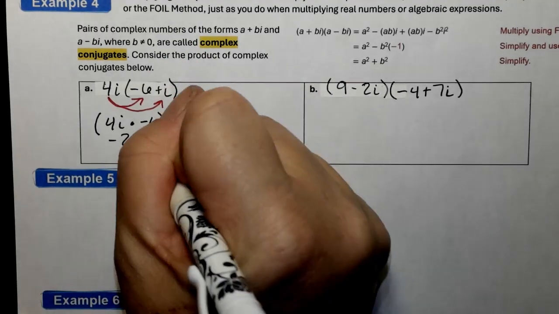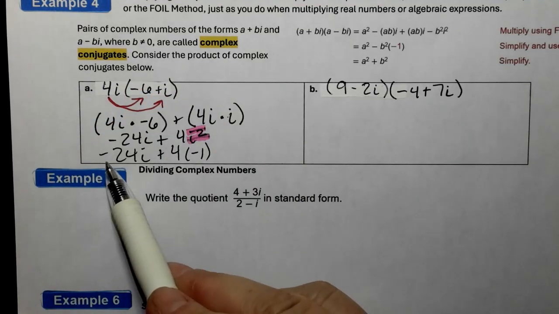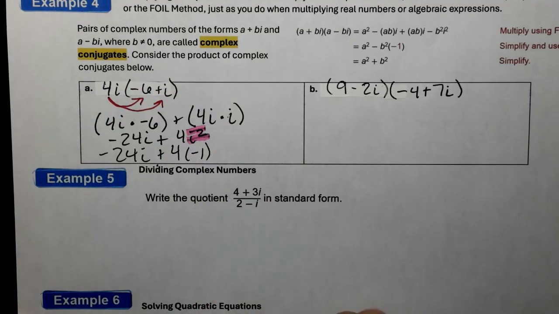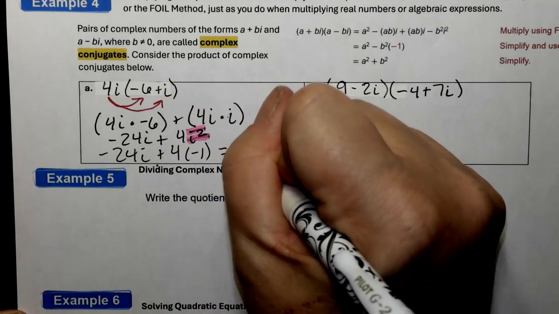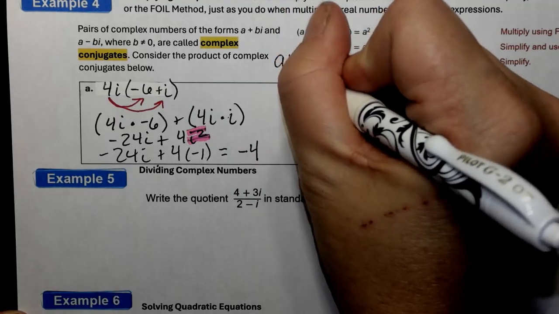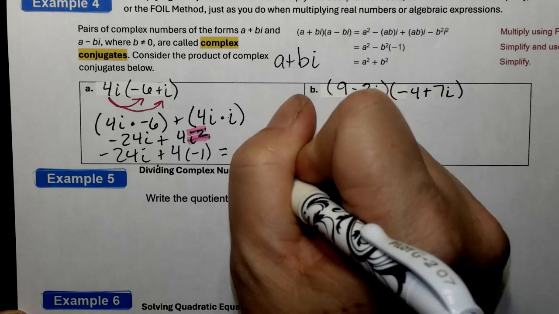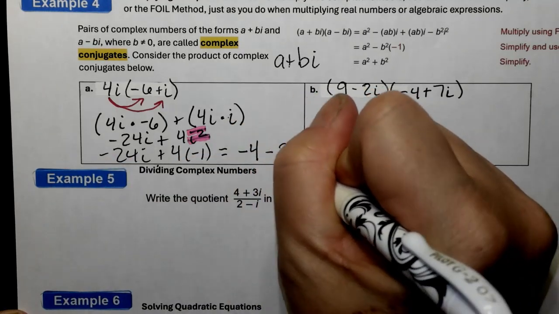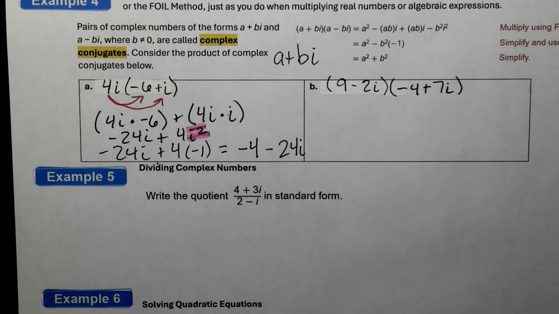We bring down the rest of our problem, so now we have -24 plus 4 times -1. What's 4 times -1? -4. I'm going to move that to the front because a plus bi is the form it should be in. So I'm moving the real number to the front and the imaginary number to the back. And that is our answer for that one.